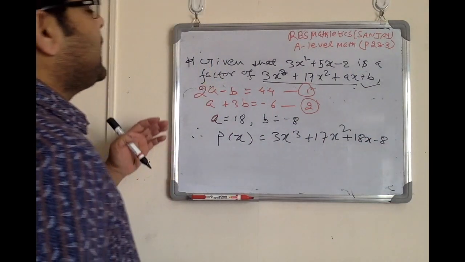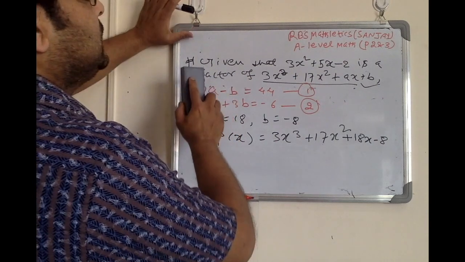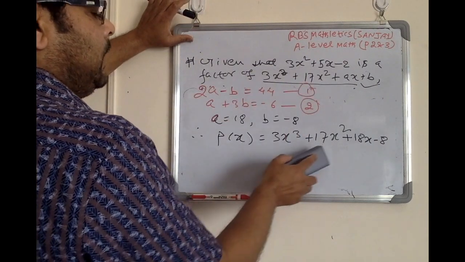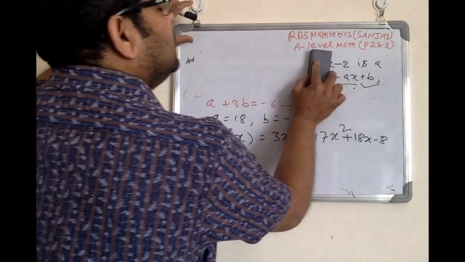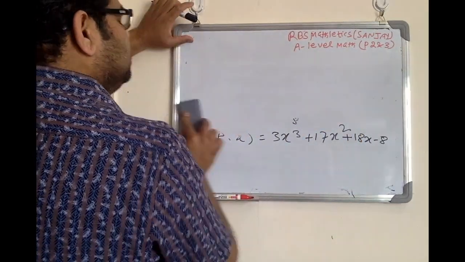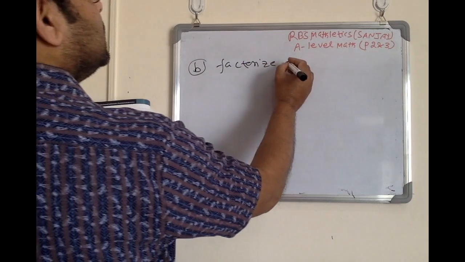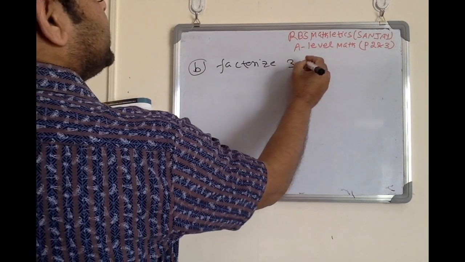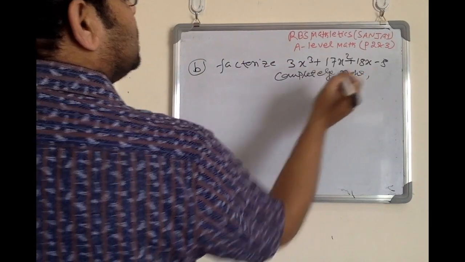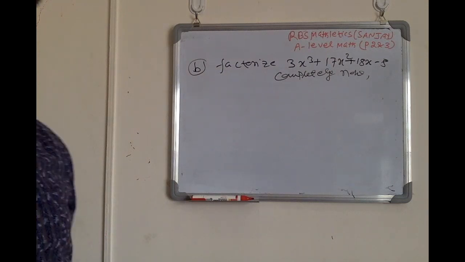Now I will go to part B. So I'm going to clear off everything from here, and then I will proceed to question B. Question B says factorize the polynomial 3x cubed plus 17x squared plus 18x minus 8. So you have two methods to do this.